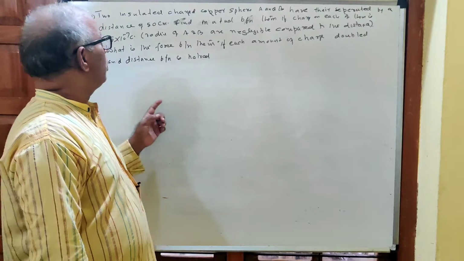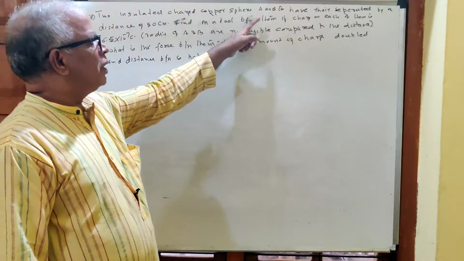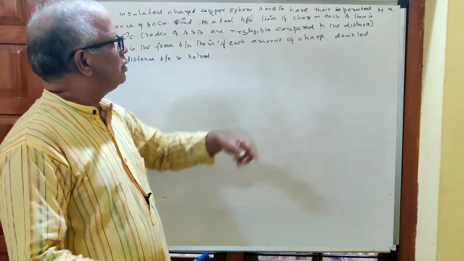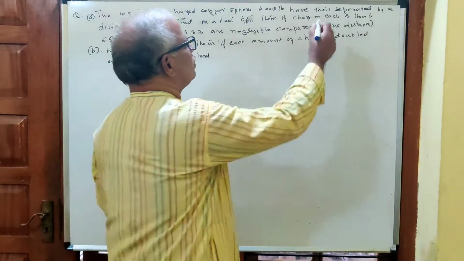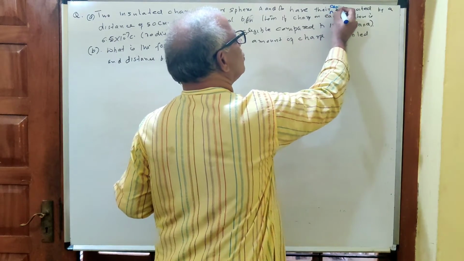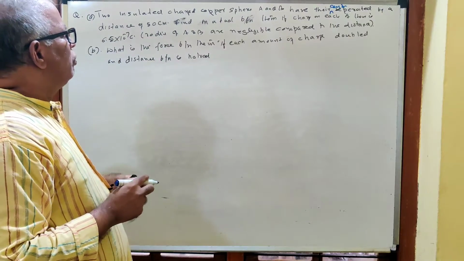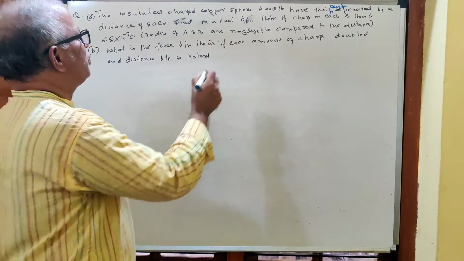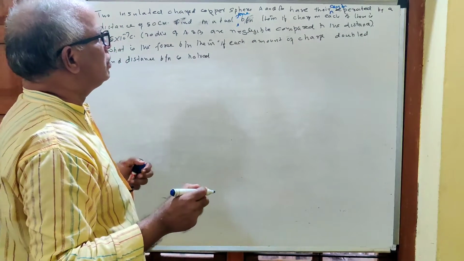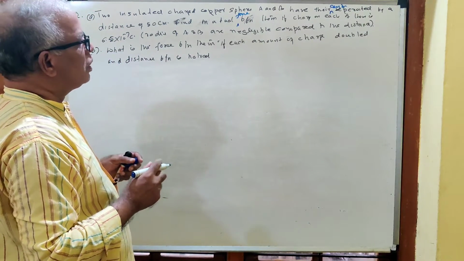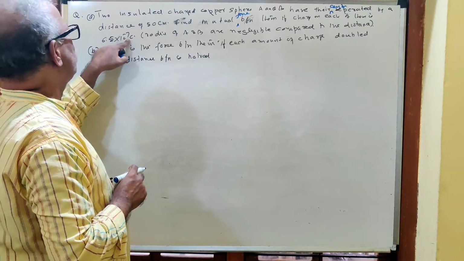Let us do one more problem. Two insulated charged copper spheres have their centers separated by a distance of 50 centimeter. Find the mutual force between them, if the charge on each of them is 6.5 into 10 raised to minus 7 coulomb.